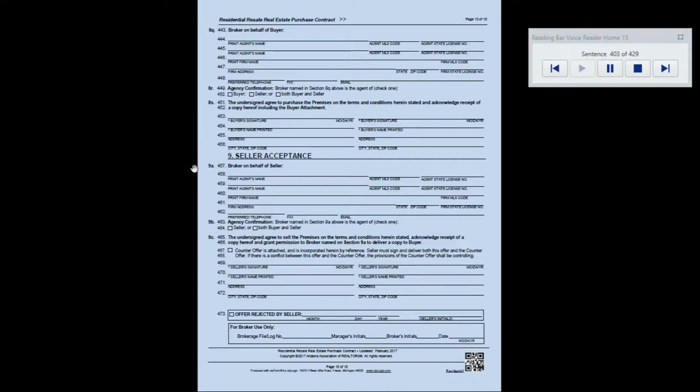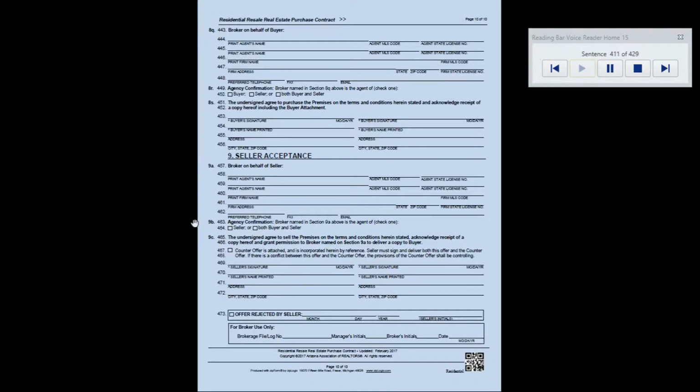9. Seller acceptance. 9A. Broker on behalf of seller. Print agent's name, agent MLS code, agent state license number. Print firm name, firm MLS code. Firm address, state, zip code, firm state license number. Preferred telephone, fax, email. 9B.